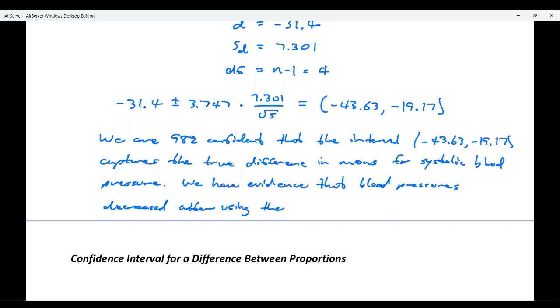Now, I want to caution that if this was truly set up as a proper experiment, we'd also have evidence that it actually was the drug that caused those changes. But if we didn't set up the experiment properly, we would have correlation, but not necessarily causation. So we would just want to be careful about how we interpret that.